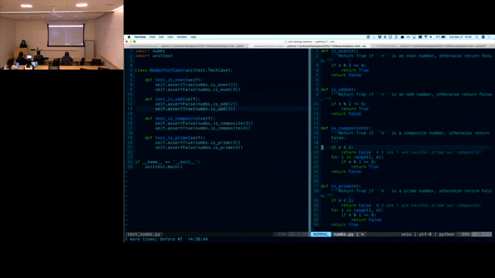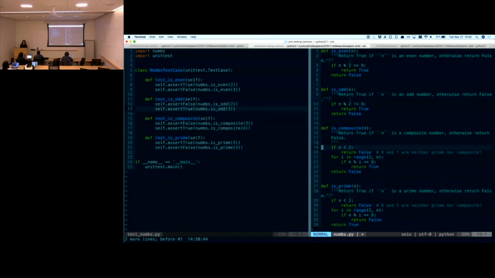So let me go fix my code. The way I'm going to fix it is not super relevant to you all. This is not a class on composite prime numbers, but I was iterating over a range that included 0 and trying to divide my number by 0, and that wasn't going to work.